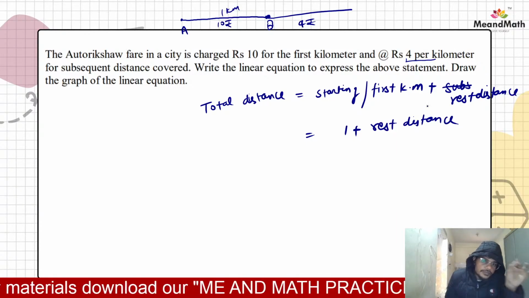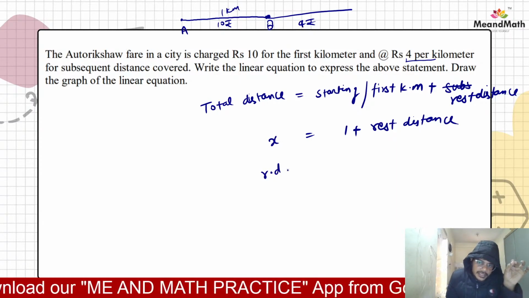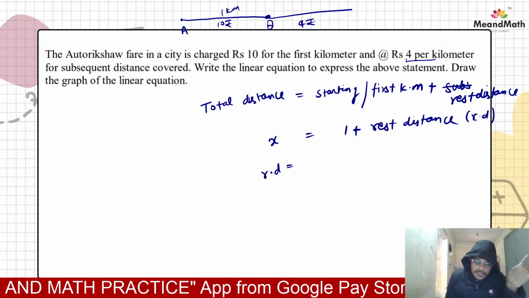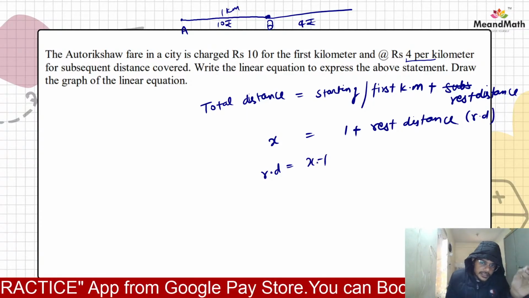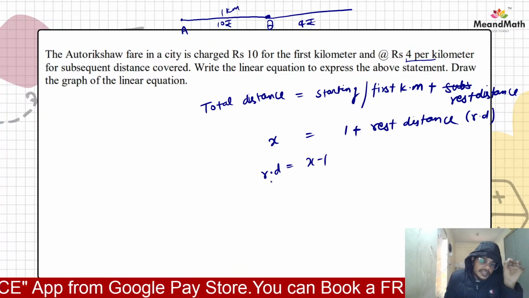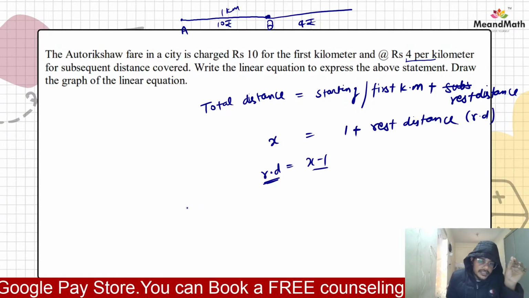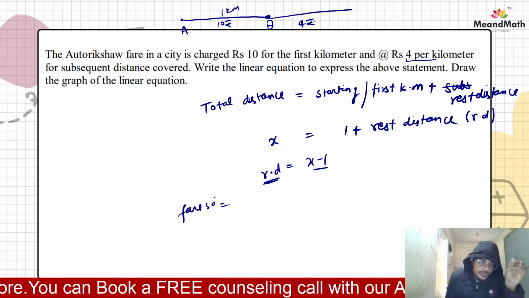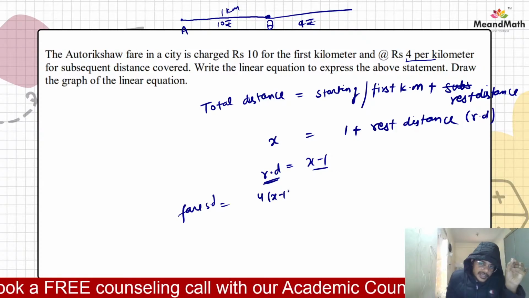If your total distance is x, what is the rest distance? Let's say RD is the acronym for rest distance. Your rest distance should be x minus 1. So you have to pay 4 rupees for this x minus 1. That means the fare for the subsequent distance should be equal to 4 into x minus 1.